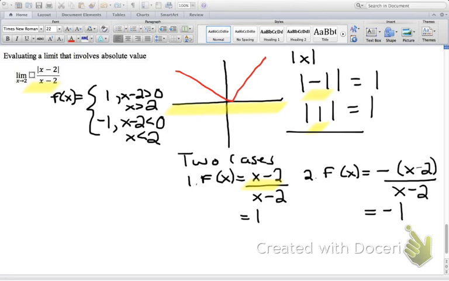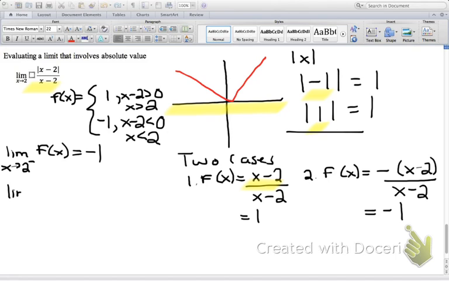So now we're going to look at the limit as it approaches 2, both from our left side and our right side. First we'll look at the limit as x approaches 2 from our negative side, so that's from our left side. As it approaches 2 from our negative side, we would just sub that value in and see really close to 2, and that would actually give us negative 1.